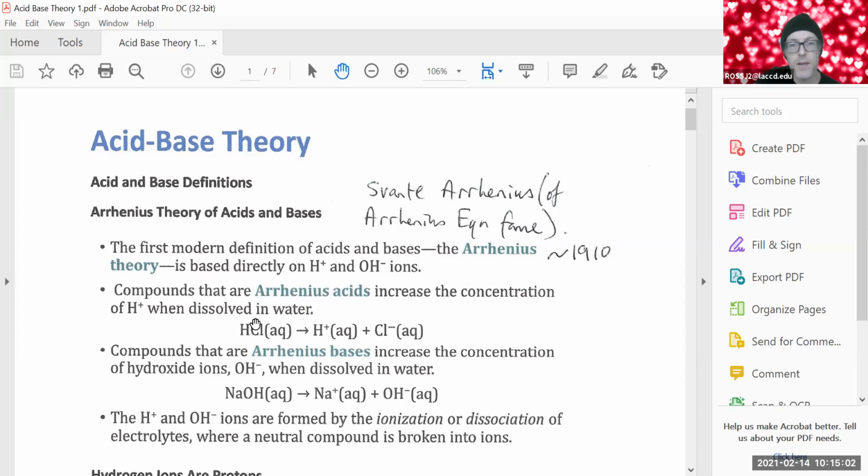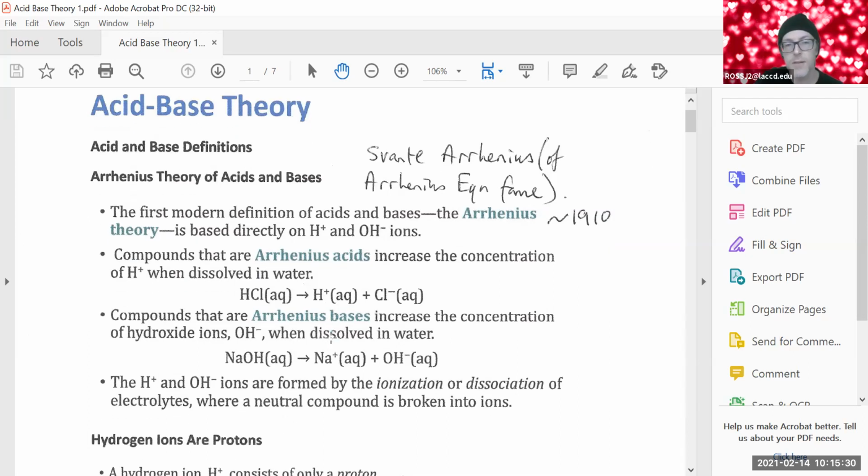In an aqueous environment, it's a strong acid, so it will completely dissociate into its constituent ions. We have a unidirectional arrow, and you'll have H+ and Cl-. So HCl is clearly an Arrhenius acid because it produces H+ in solution.